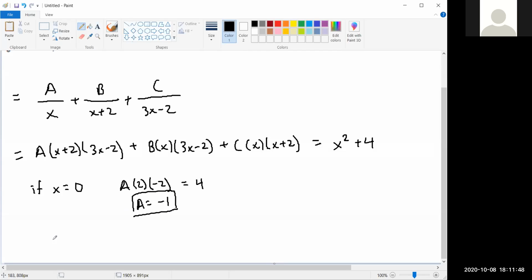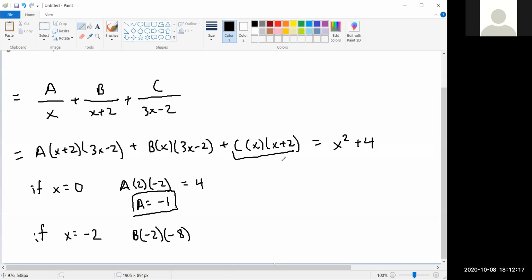What's another good value of x we can pick? -2. Yeah. If we choose -2, that will cancel out this factor, which will make the first term go to 0, which means we'll have B times -2, and then this is -8.